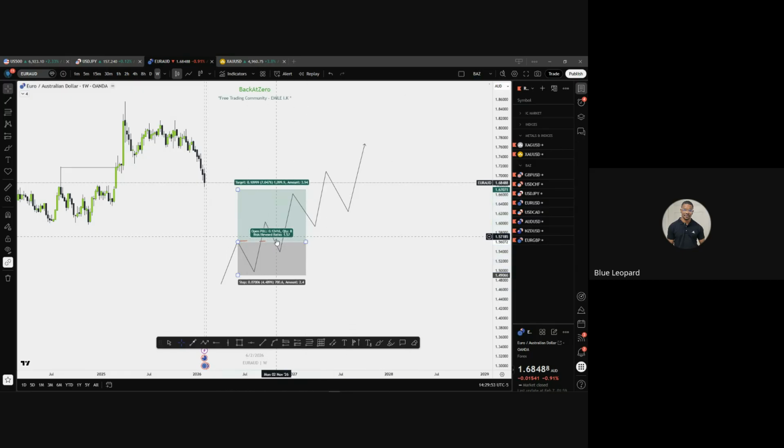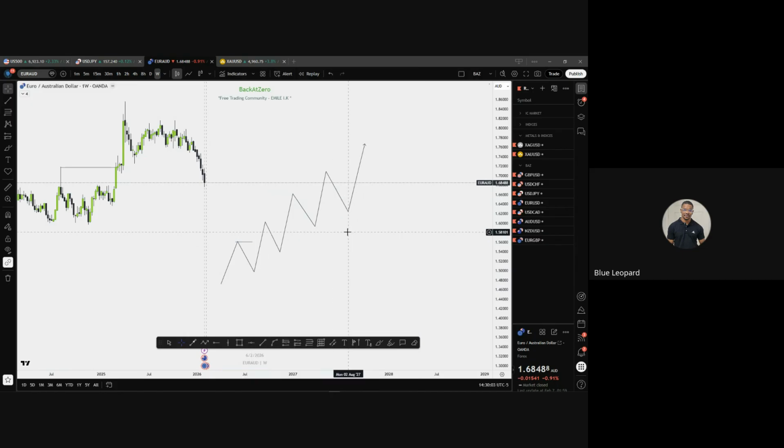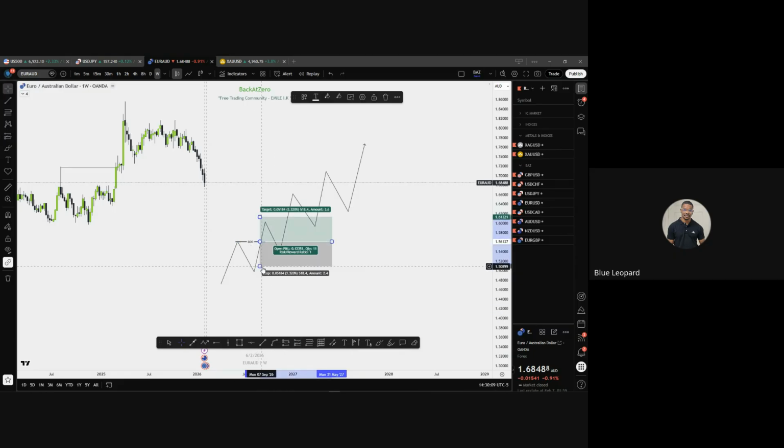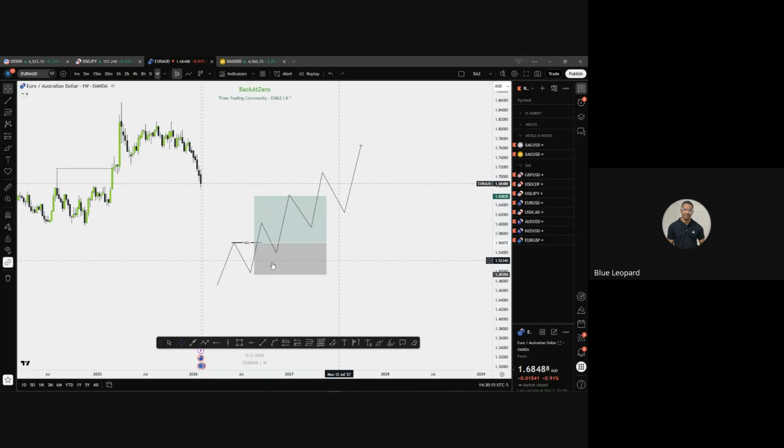First of all, let's observe what they do. The breakout traders are waiting for price to break here. Once you have a breakout, they will enter at the breakout. So when the breakout happens, they enter, they put a stop loss here, and they target something like here. Okay, they are in the money right now.